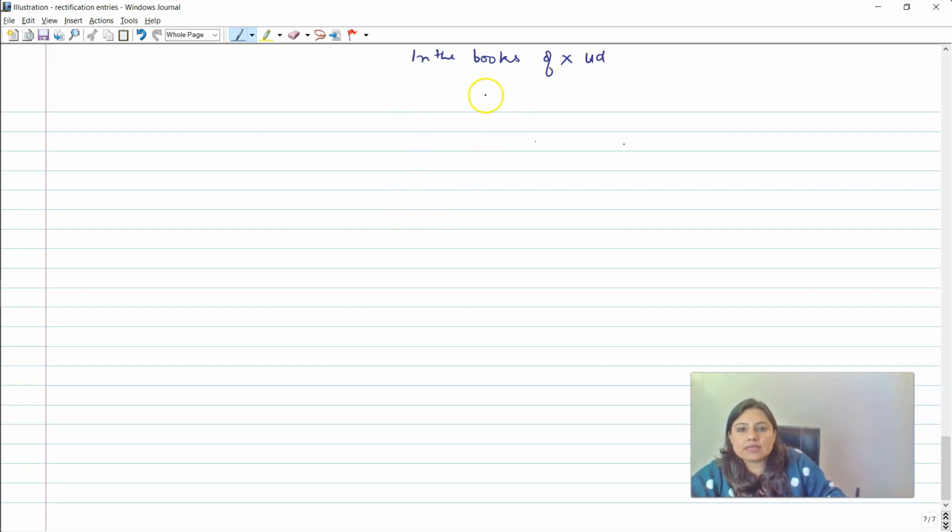So in the books of X Limited, we would be first drafting these entries in the journal, and the format would be the date, then we'll have the particulars, ledger folio. So this is the format of the journal that we have also initially seen while reading about the concept of journal.